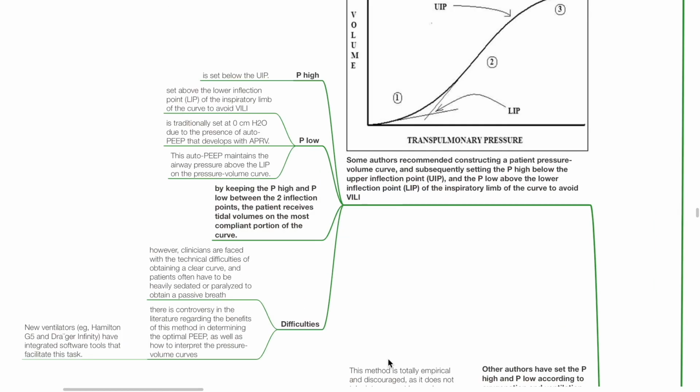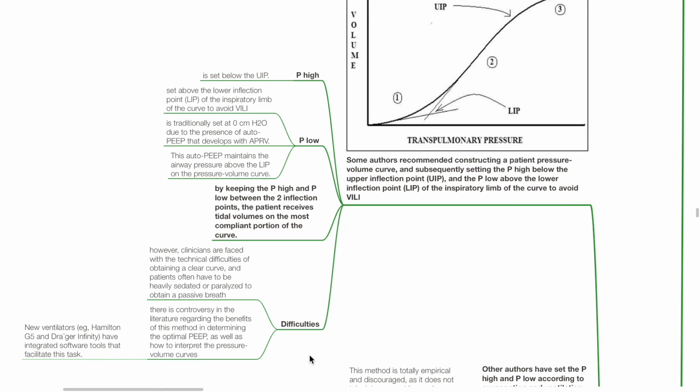However, clinicians are faced with the technical difficulties of obtaining a clear curve, and patients often have to be heavily sedated or paralyzed to obtain a passive breath. There is controversy in the literature regarding the benefits of this method in determining optimal PEEP, as well as how to interpret pressure volume curves.